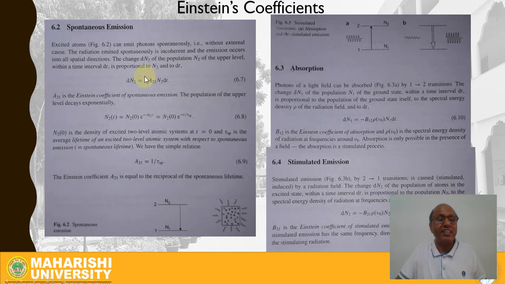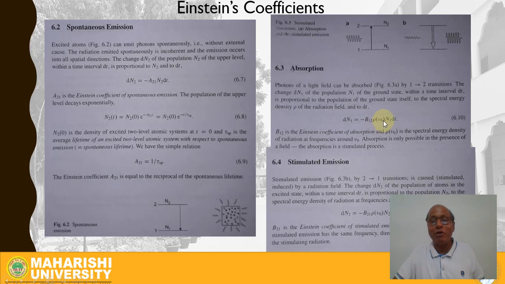Now, like we did in the case of spontaneous emission, we develop a relation for the change in population at N1, that is dN1 equal to minus B12, transition from 1 to 2, rho nu 0.